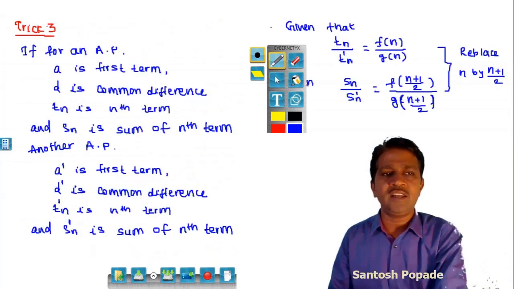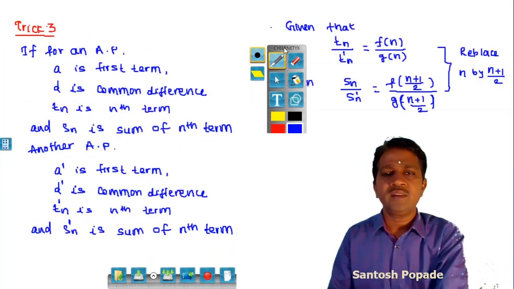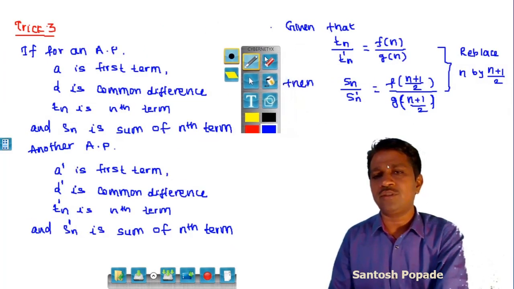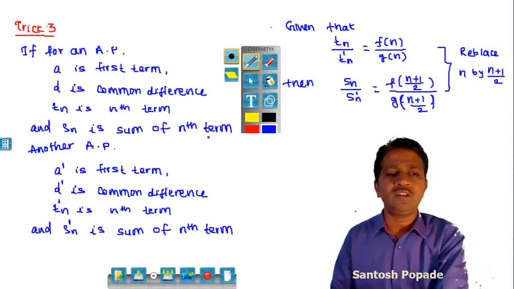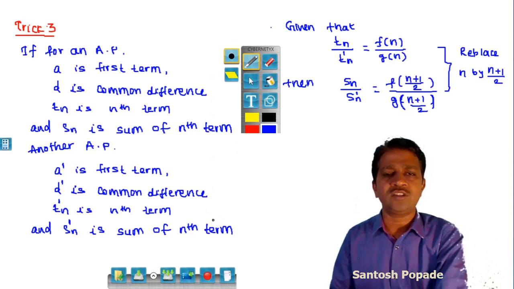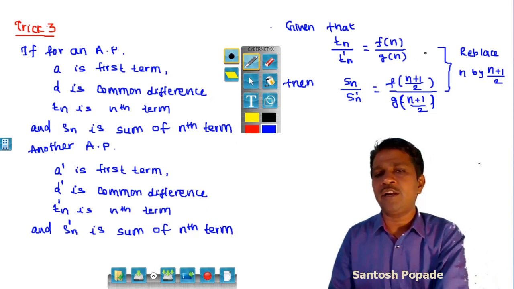So let us see now the third trick here. The third trick is also similar to the previous one. In this case also we are given the two APs like this, as in the previous one, and the ratio of the nth terms is given now.